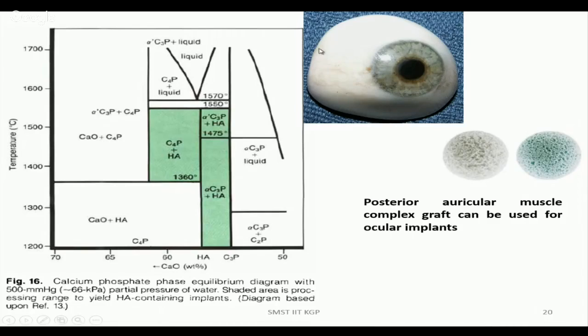Then at the back they attach it to the muscle, so that when you have eye movement, the implant also moves. Though it doesn't have much function, at least the appearance will be much improved.